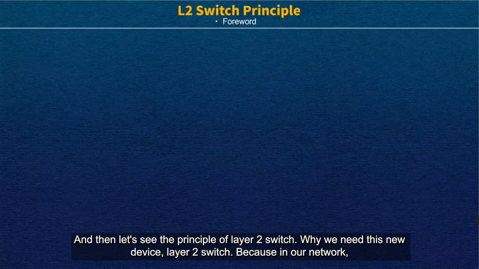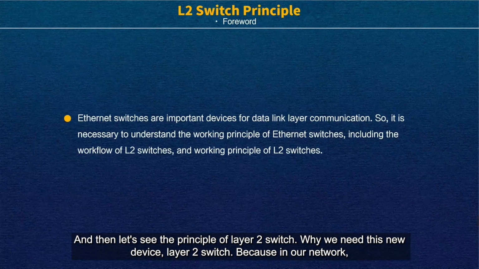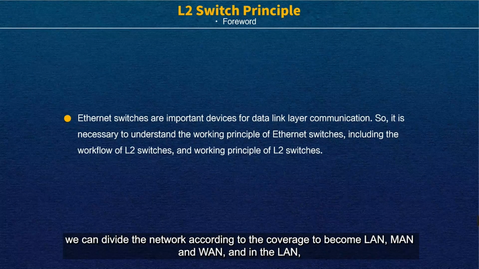And then let's see the principle of L2 switch. Why do we need this new device, the L2 switch? Because in our network, we can divide the network according to coverage into LAN, MAN, and WAN.